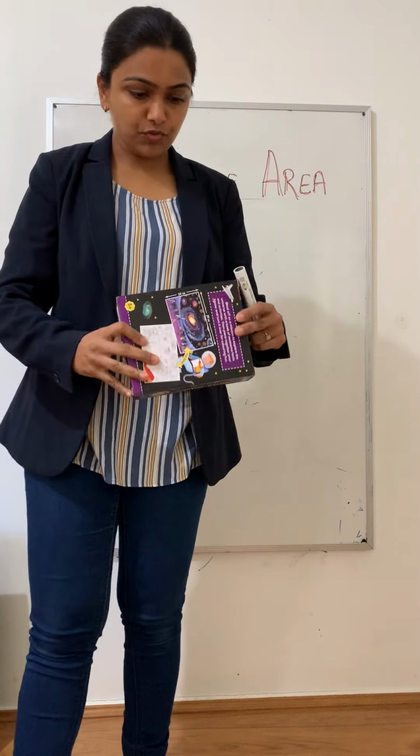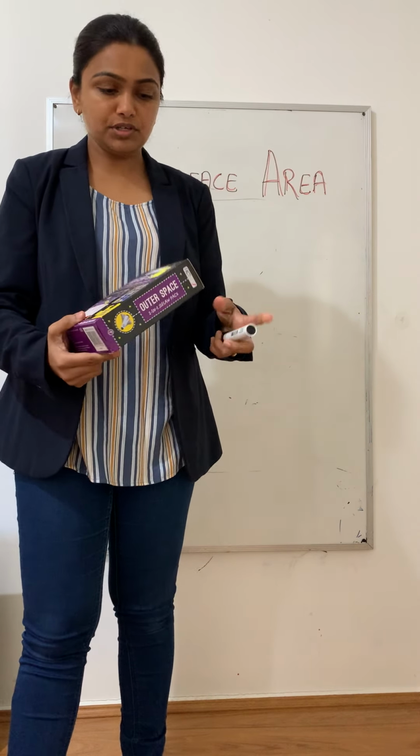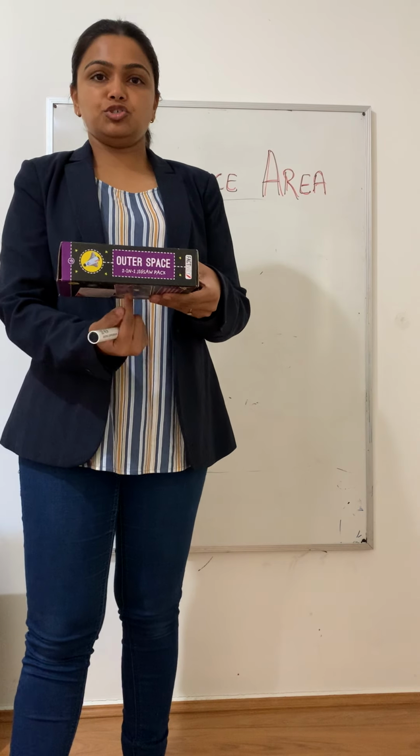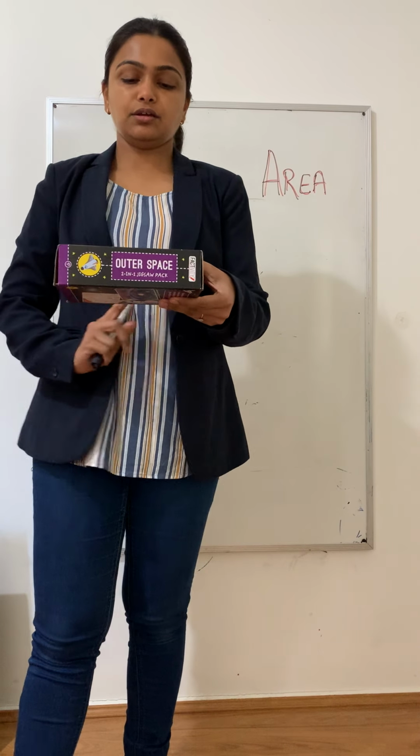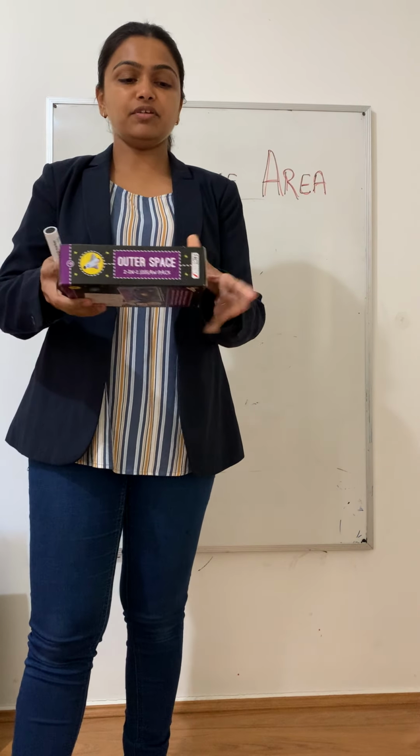Okay, now let's have a look at a rectangular prism. This is the box in my room which I found, which is a perfect example of a rectangular prism. Let's check how many faces it has. 1, 2, 3, 4, 5, 6. Now as you can see, this is a rectangle, this is the length, this is the width.